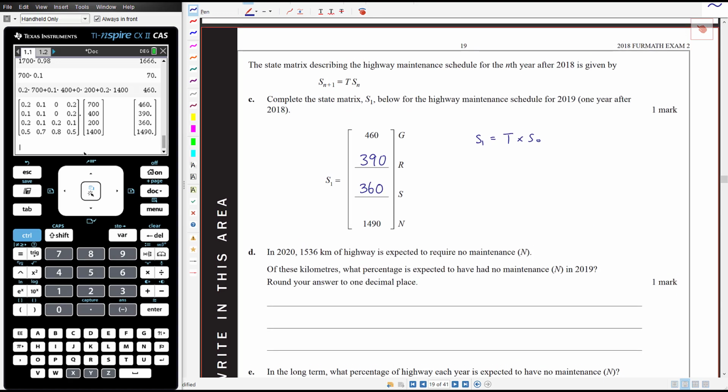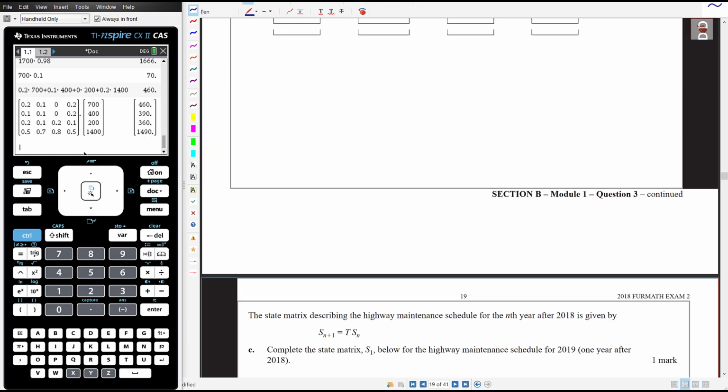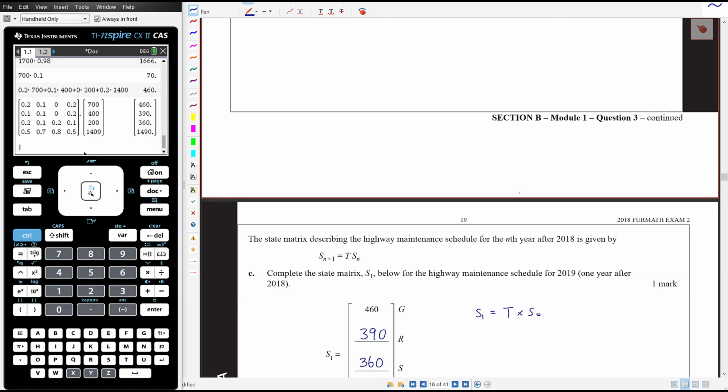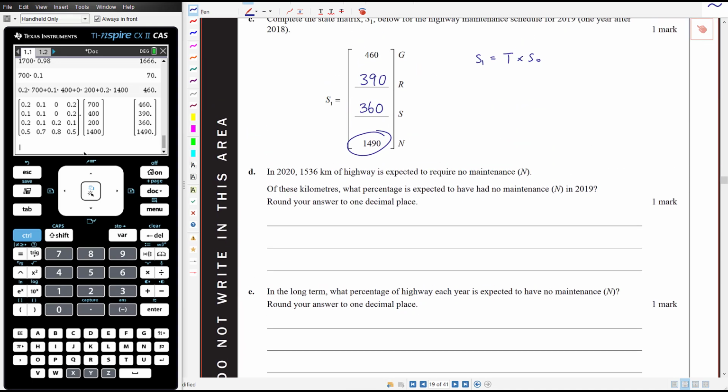We know that this many had no maintenance in 2019, and we know from the transition matrix that 50% go from having no maintenance one year to still needing no maintenance the next year. So it's going to be 50% of the 1490, which is the number of kilometres with no maintenance in 2019 that will need no maintenance in 2020.